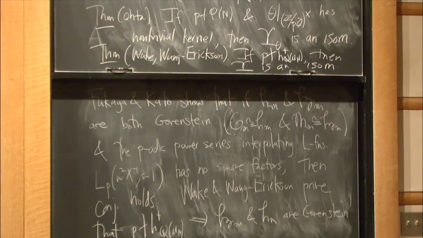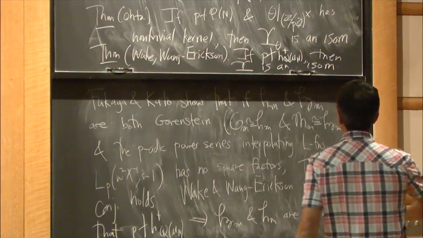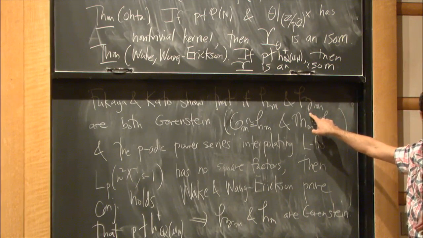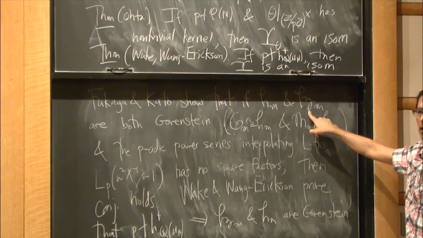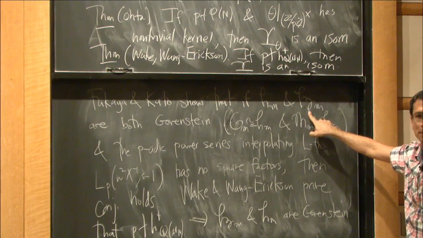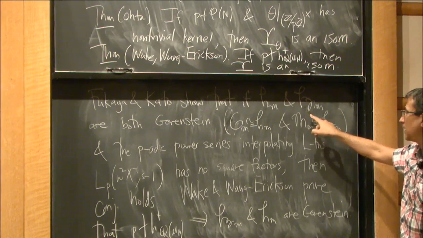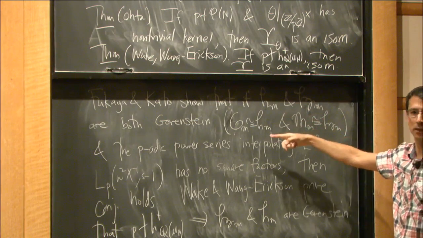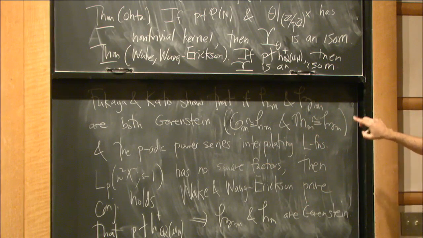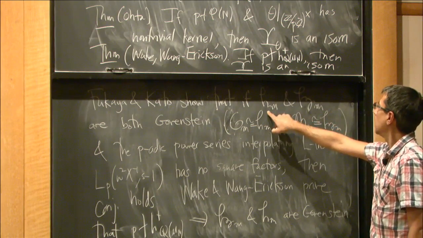OK, so this one, there's a condition, and you know about this condition. It has to do with p dividing some Bernoulli number b1 chi, but p not dividing b1 chi inverse, for instance. That implies that this Hecke algebra is Gorenstein in the chi component, or essentially something close to the chi component.